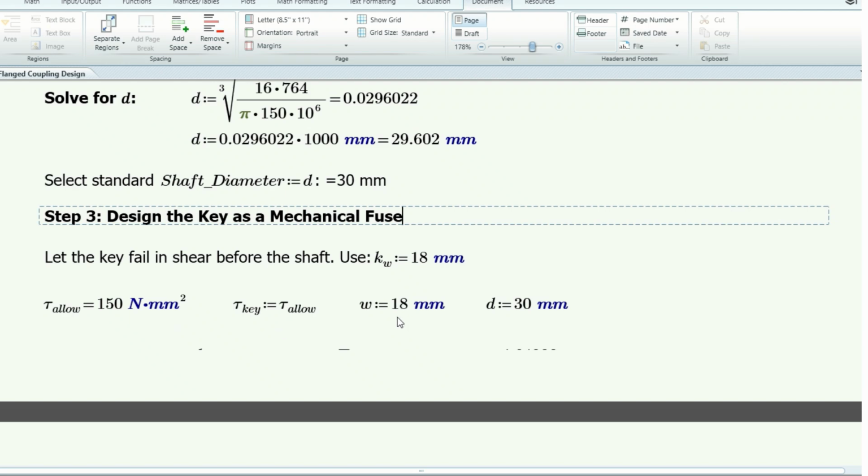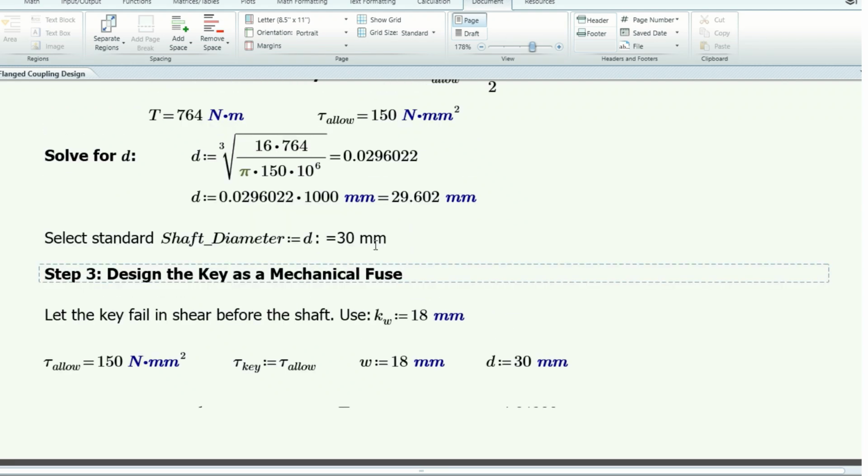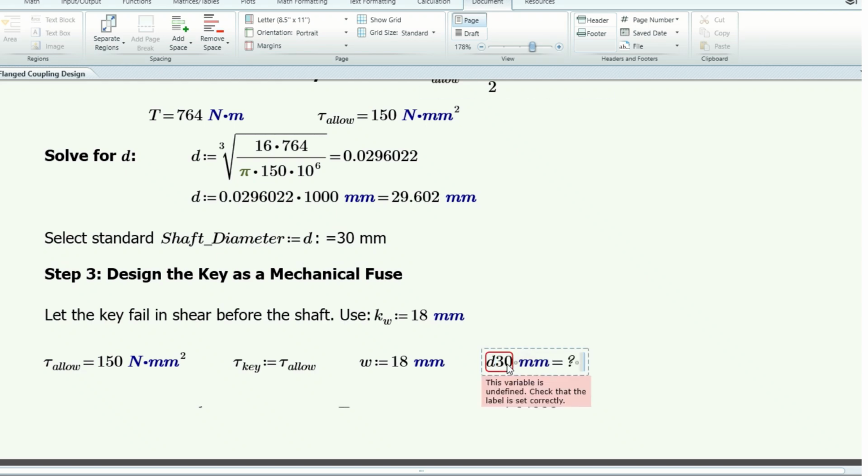Using that failure mode formula, considering first the key width as 18 mm. The diameter we have already found out, D is equal to 30 mm. Sorry, we can take it wherever we want.